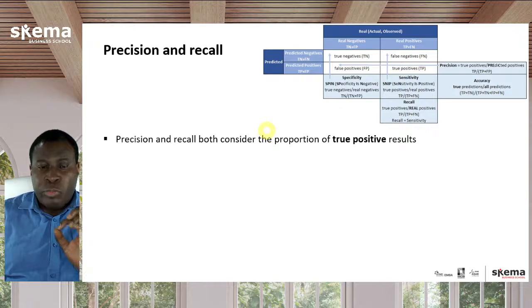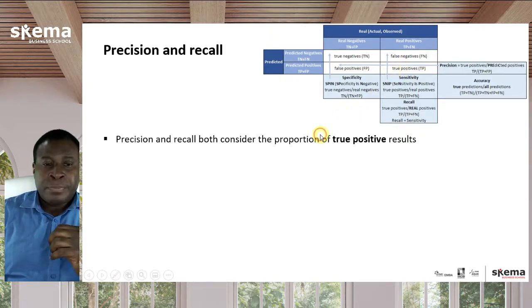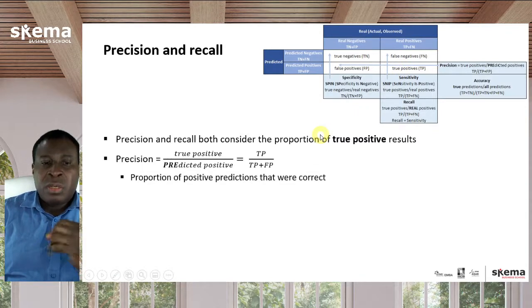Now, precision and recall focus on the proportion of the true positive results. That's what proportion did the model correctly predict. So both of them focus on this. Precision is calculated as the true positives divided by true positives plus false positives. So that is true positives divided by all the predicted positives.